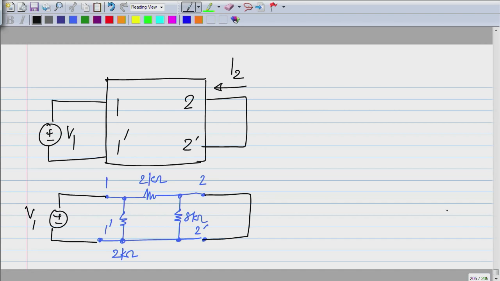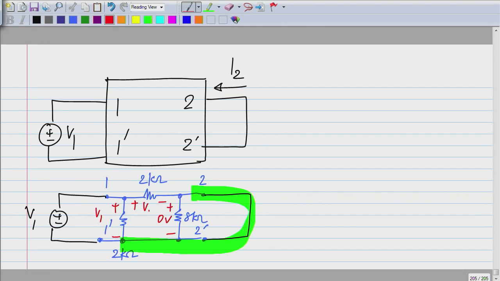I hope it is very clear that V1 is applied here, so the voltage across this is V1, and similarly this is short circuited all the way through, so the voltage across this is 0, right? 8 kilo ohm is connected in parallel with the short circuit and V1 appears across this 2 kilo ohms.